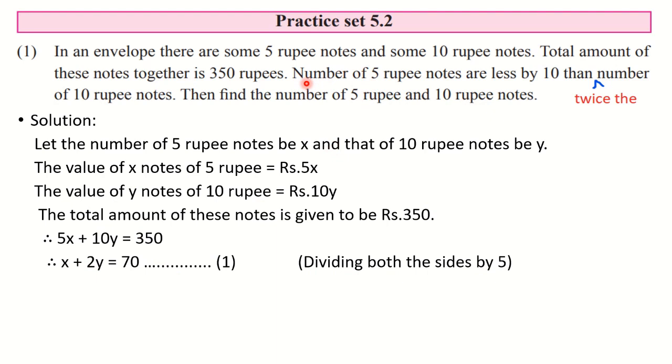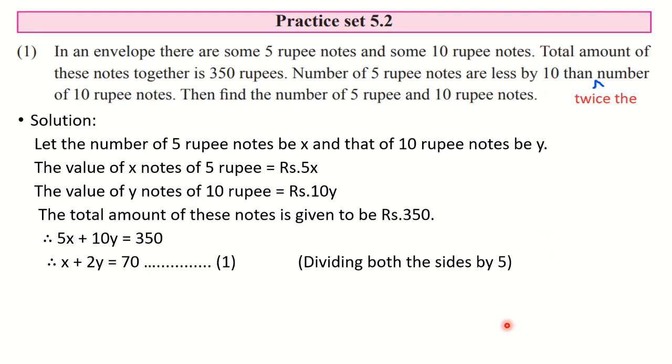Now I will use the second condition. The number of 5 rupee notes is less by 10 than twice the number of 10 rupee notes. The number of 5 rupee notes means x, and twice the number of 10 rupee notes means 2y. And the difference between them is 10.